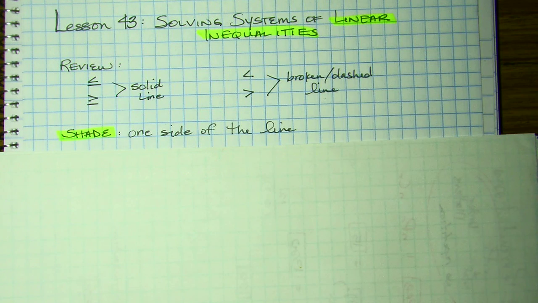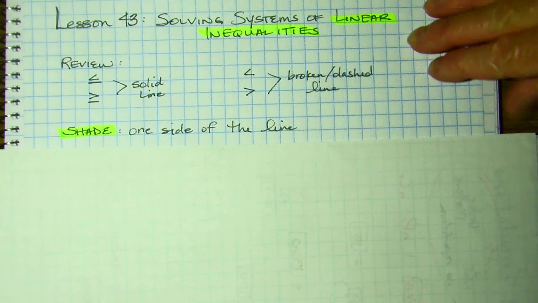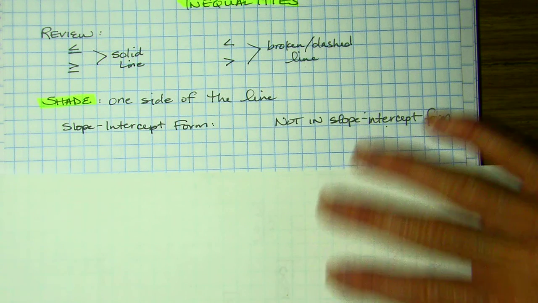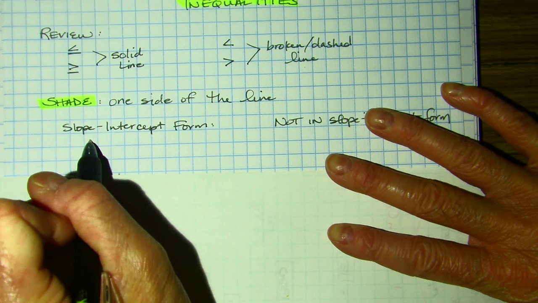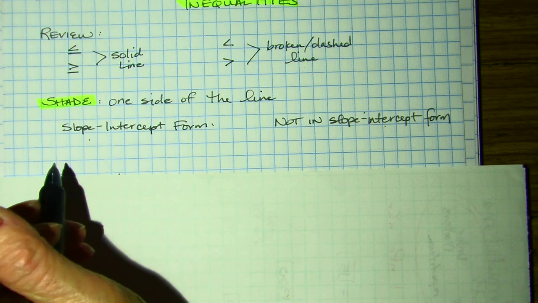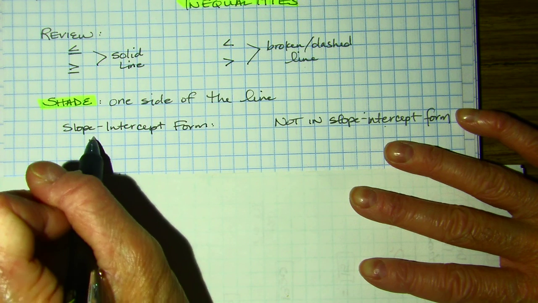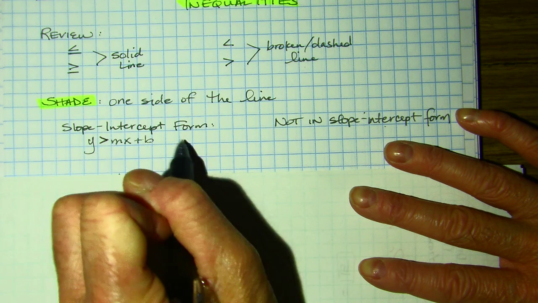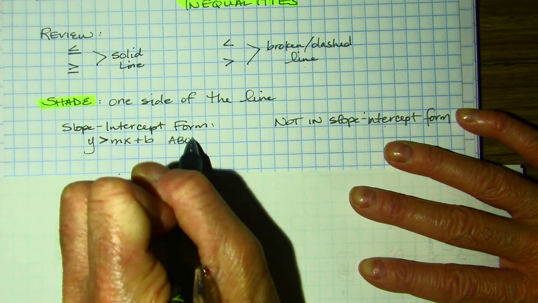Another review is I have to shade one side or the other. I have to either shade above or below. Now I went over two ways that you can shade, and it's based on what form it's in. If it's in slope-intercept form, that means you'd have y and mx plus b. So if I had y is greater than mx plus b, then I would shade above.